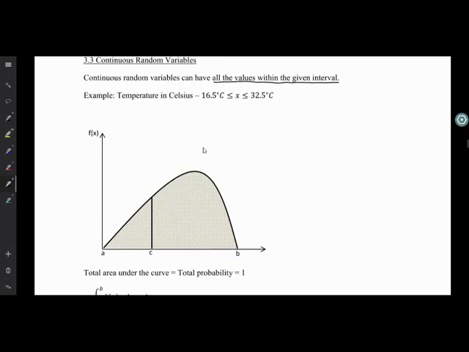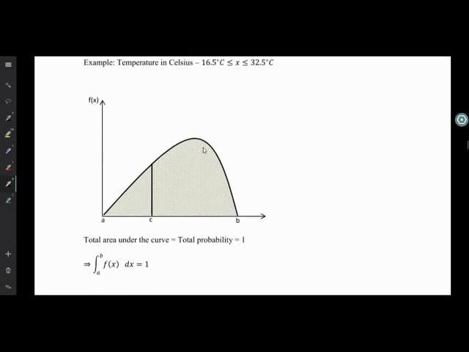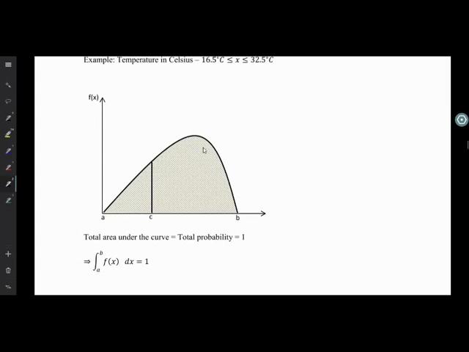If we draw a probability for a continuous random variable, it will be a smooth function, f(x), and the probability assigned to f(x) will be all the values under this function, so we call it the total area under the curve. If you find the total area under this curve, that will give you the total probability 1, if f(x) is a probability distribution for a continuous random variable x.